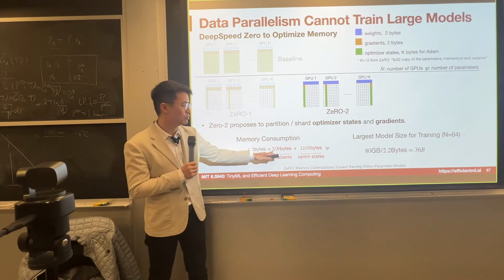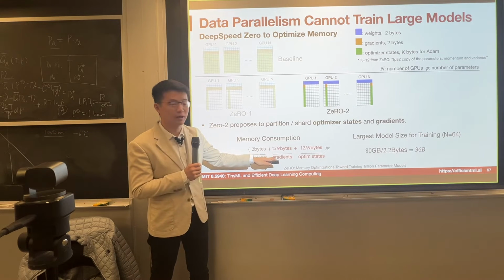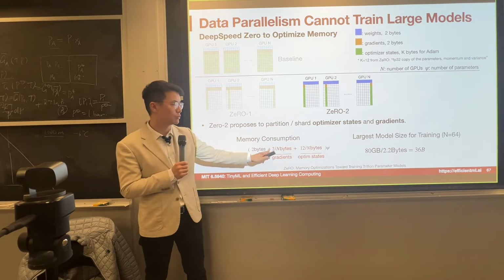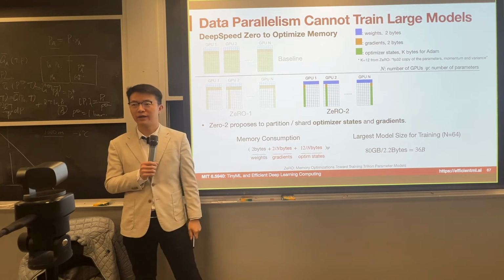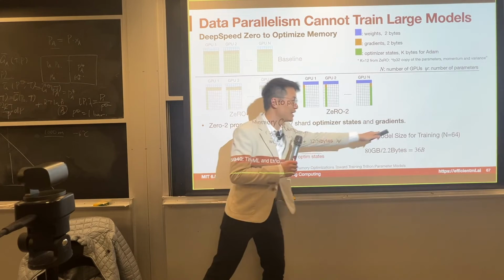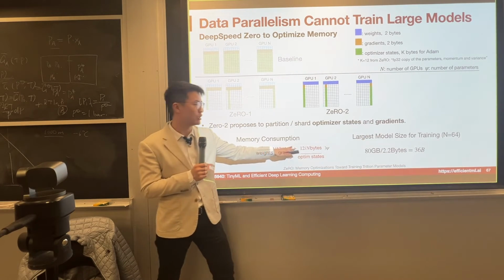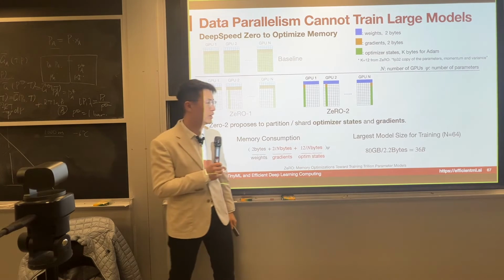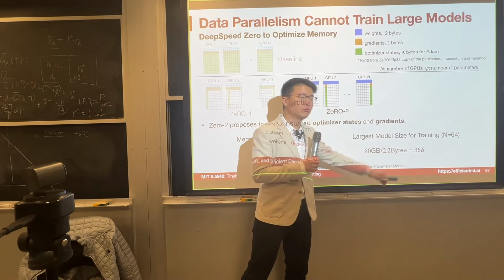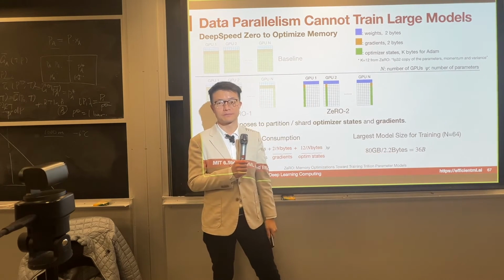Previously, we have 2 bytes for each parameter. Now we have 2 divided by n for each parameter. Assume again for 64 nodes, we have 2 plus 2 divided by 64 plus 12 divided by 64. So that's only 2.2 bytes per node.